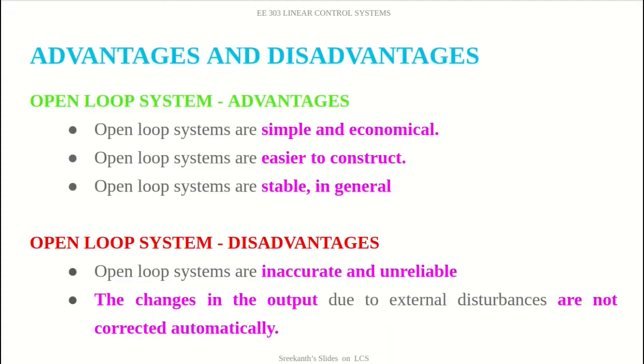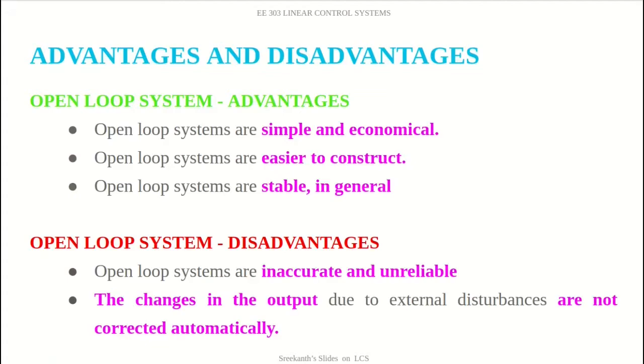Now let's look at the advantages and disadvantages. We look into the advantages of an open loop system. Now why, if the open loop system doesn't correct itself, why do we still opt for open loop system? The open loop systems are simple and economical.